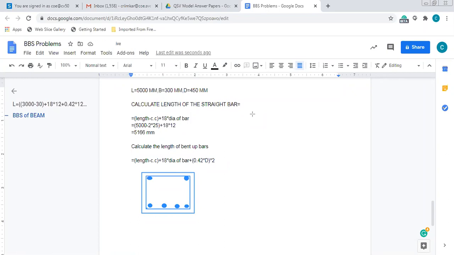I will show the shape of that bent up bars. These are bent up in two-way. Two-way bent up bars we are going to use as far as our beam is considered. Okay, I will just try to draw it. Here will be one hook and here will be another hook. I am unable to draw it.